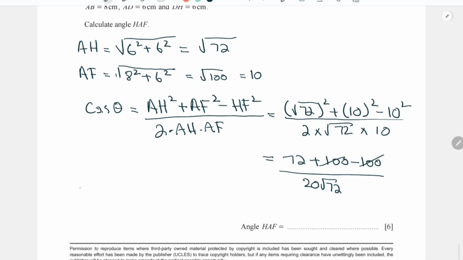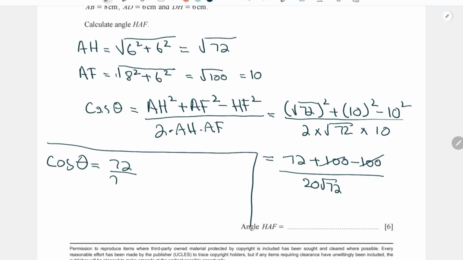So cos theta equals 72 over 20 root 72, right? And theta equals cos inverse of root 72 over 20.